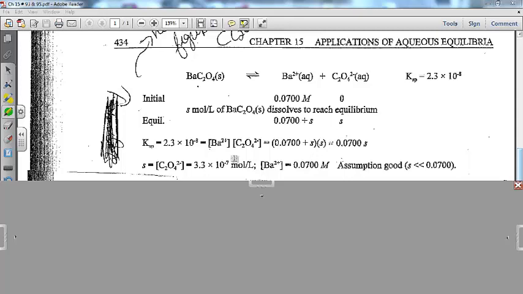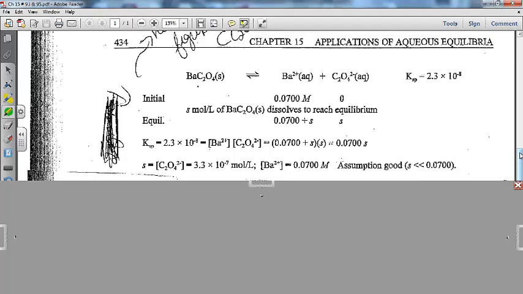So barium is still 0.0700, but the oxalate, and this is really the only thing that's different from what we did in Unit 4. In Unit 4, we would have done solution stoichiometry to get here. It's just now we're doing the KSP to figure out how much oxalate we really would have in solution because it wouldn't be complete. So our oxalate is going to be 3.3 times 10 to the negative 7th moles per liter. Okay, and that's it.